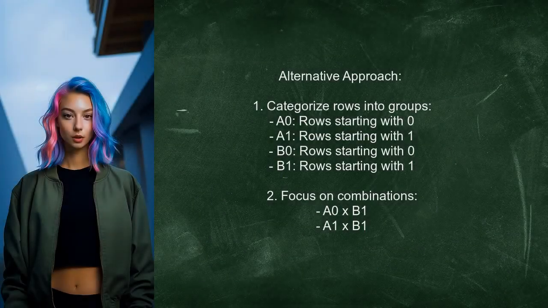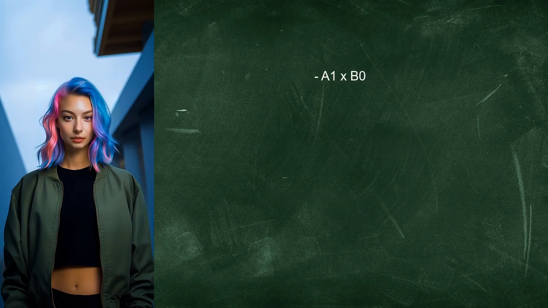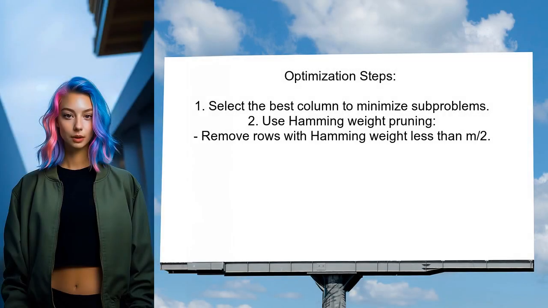An alternative approach to finding the OR of two sets involves breaking down the problem into smaller subproblems. First, we categorize the rows into groups based on their starting bits. This allows us to focus on three main combinations, reducing the complexity of the problem. Next, the user suggests selecting the column that minimizes the size of the subproblems.